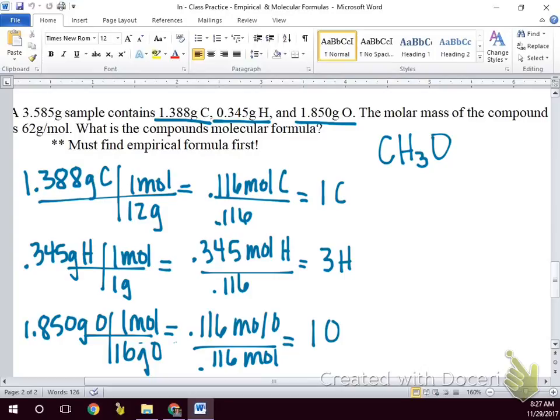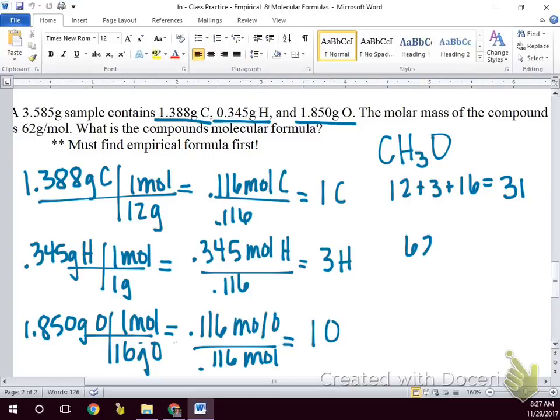Okay, so that means I got my empirical formula to come out about CH3O. Would we agree with that? So from that point, now what should we do? Use the molar mass. Good. We're going to find the molar mass of our empirical formula. So 12 plus 3 plus 16, which is 31.